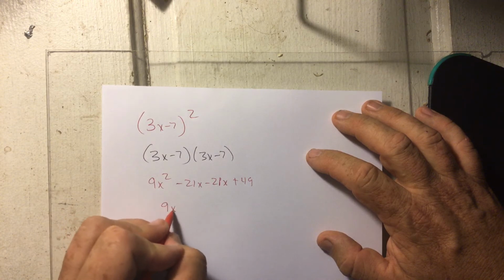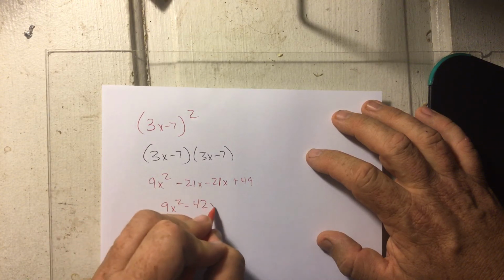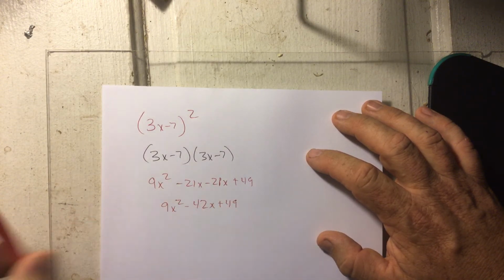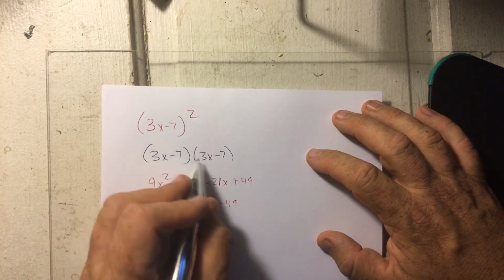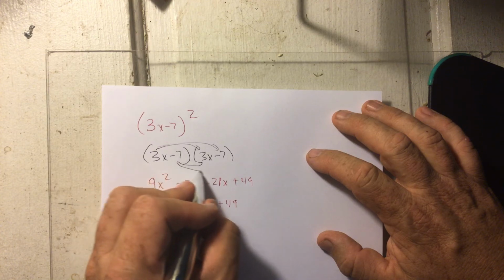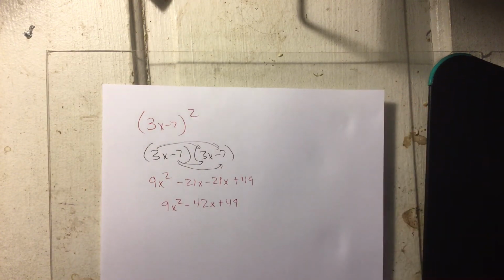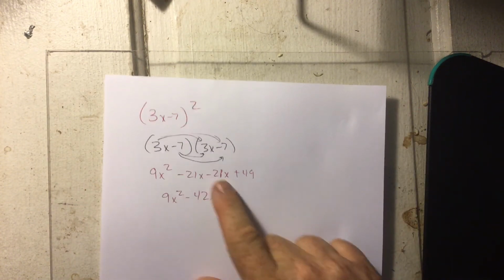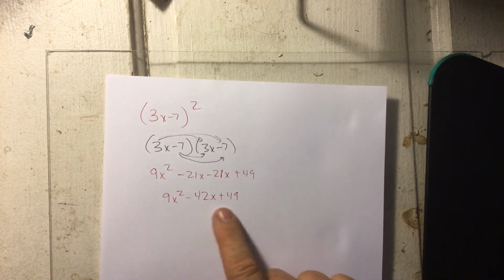So this would be 9x squared minus 42x plus 49. So we have to distribute the 3's and we have to distribute the negative 7. So make sure you understand that this one is going to look a little different.